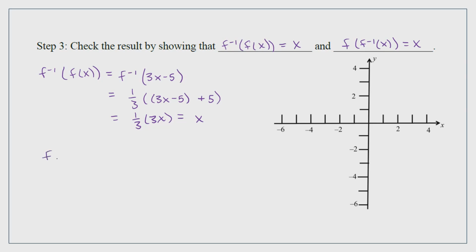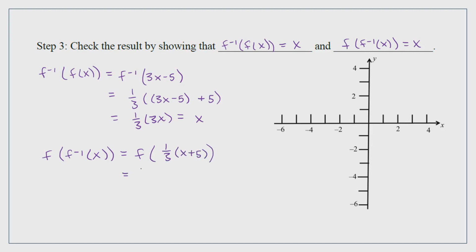So now we'll take f of the inverse function of f of x. So our inverse function was 1/3 x plus 5.